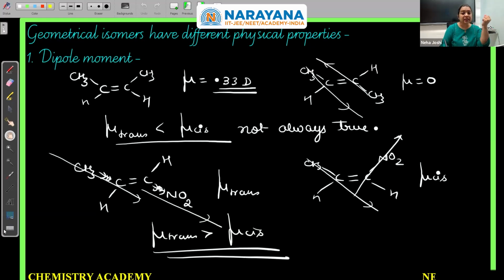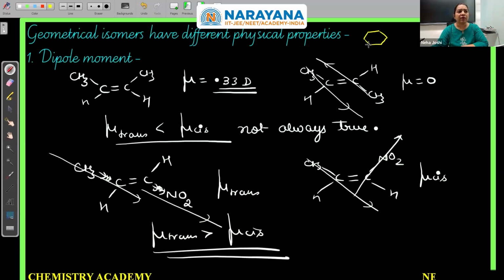And yes, there is a rare, or I shouldn't use the word rare, I would rather use limited number of examples where geometrical isomerism also decides which type of reaction they will participate in, or which will fail to participate. For example, they have limited cases, but whatever they are.